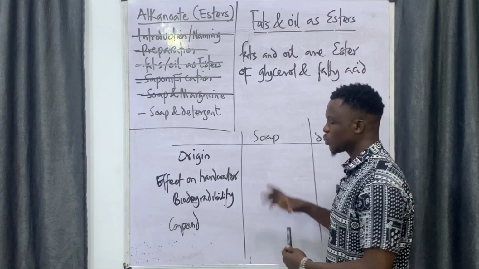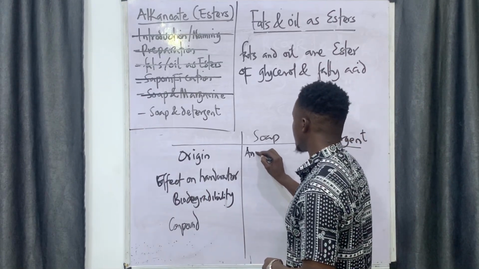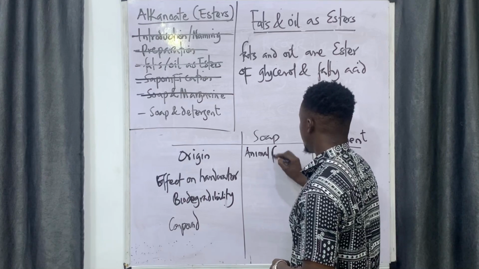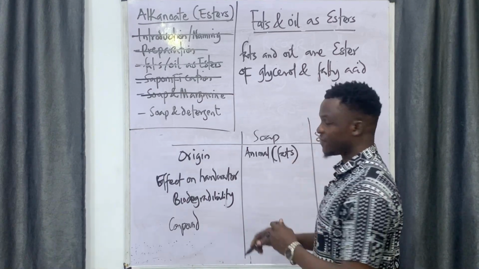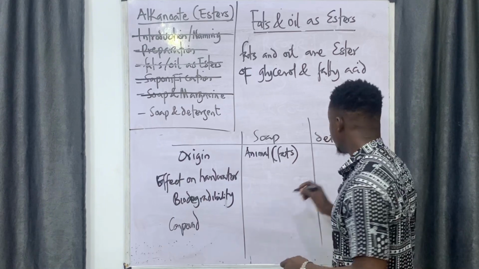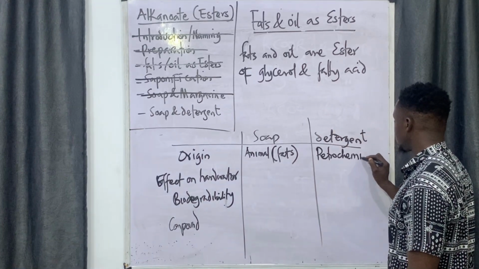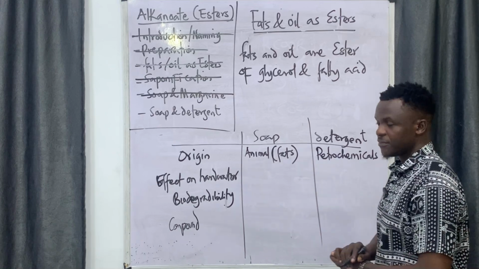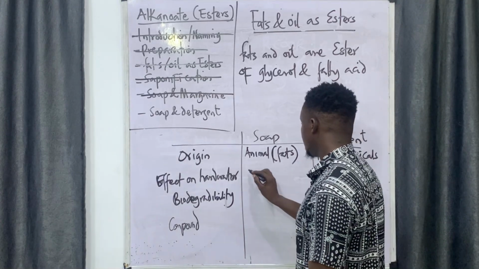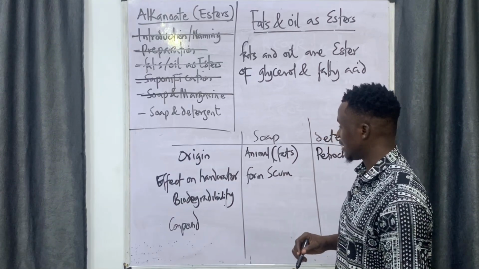Now, when we talk about soap, the origin of soap is from animal. That is fat, right? So fat is of animal origin, as I told us earlier. Detergent is gotten from petrochemicals. Now, soap forms a scum in water.